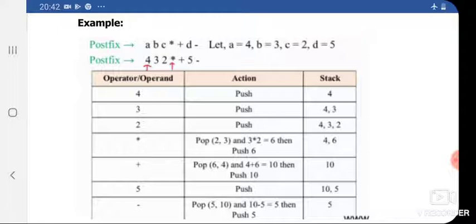Let us say 2 as S1, 3 as S2, and then we perform S2 operator S1 operation, that is, with respect to star, we perform 3 into 2, which is equal to 6, and again I push that result 6 to the stack. So inside the stack now there are two operands, 4 and 6.